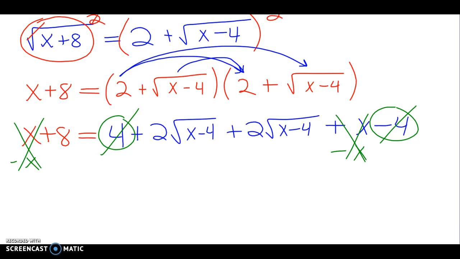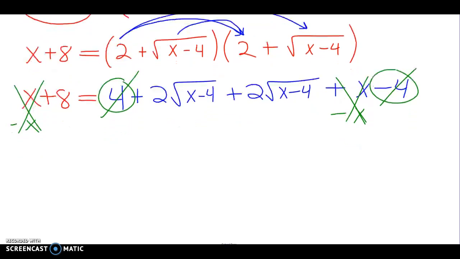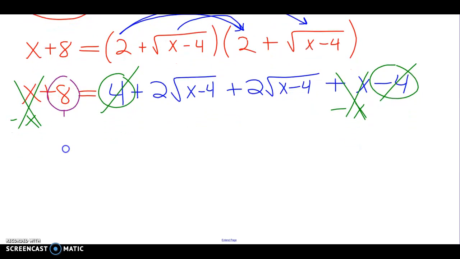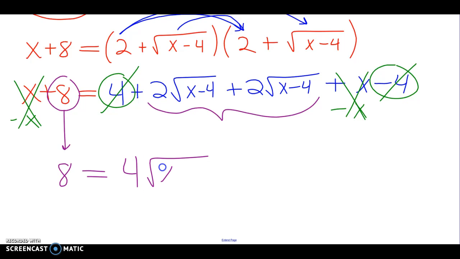So now, what's the only thing left on the left side? 8. I'm going to bring that down here. 8 equals. Now, if I have 2 of something, and then I have 2 more of something, how many of those somethings do I have? I have 4 of that something.